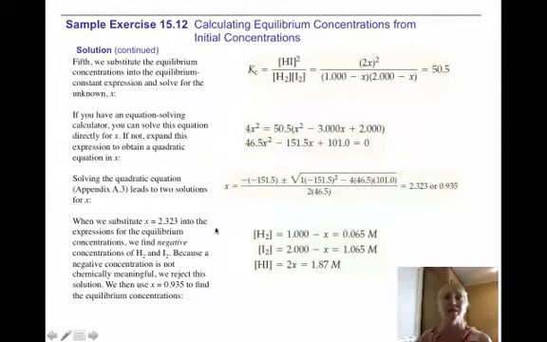You can't have less than 0 concentrations of substances. So the answer is X equals 0.935. That's the change for the hydrogen and iodine. Therefore, 2X must be the concentration at equilibrium of the hydrogen iodide. So good news, no equilibrium expressions that involve the quadratic equation this year. Leastways, that's what they told me.